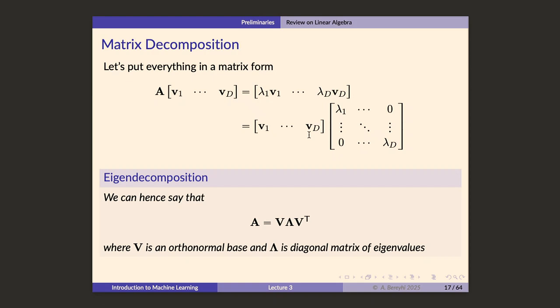Everybody's cool about that? So this is eigendecomposition. It exists as long as your matrix is square and you know the eigenvalues and eigenvectors. And I guess Muhammad yesterday tried it in Python for you with some numerical examples.